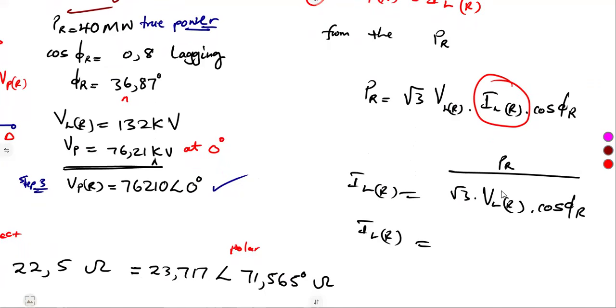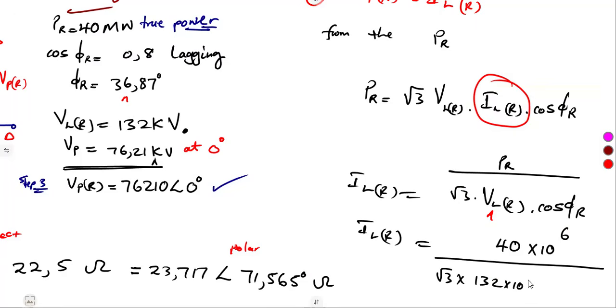That was going to give us what? Power 40 megawatts, times 10 to the exponent of 6, everything over square root of 3 times the line voltage on the receiving end, 132 kilovolts, so that's 132 times 10 to the exponent of 3. The power factor, 0.8.